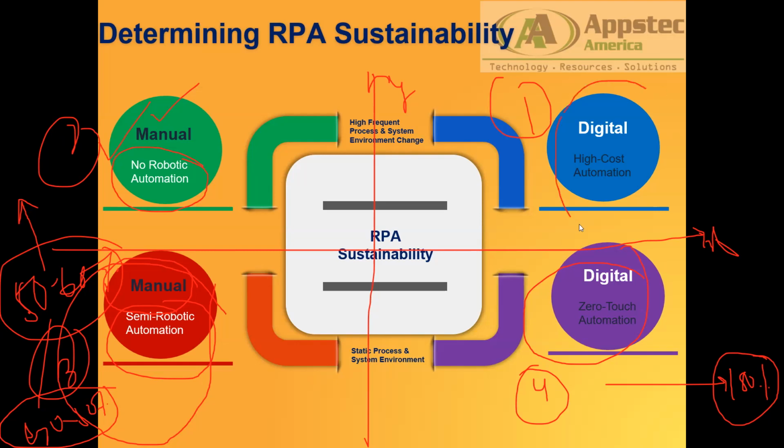And the last one in digital is also 100% potential, but this would be high cost automation. That means I might need to add a certain amount of additional dollars as an investment to do the development work. Let's say I'm dealing with 1 million data rows coming in and going out. If I do a basic query of any database, it is not possible for me to get a response of 1 million data rows.